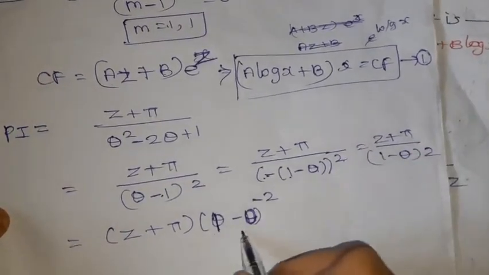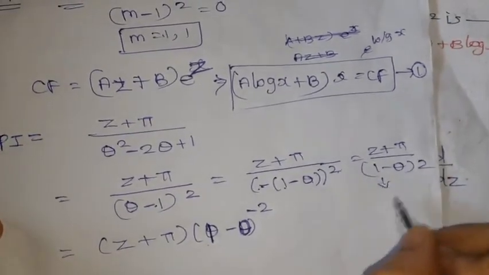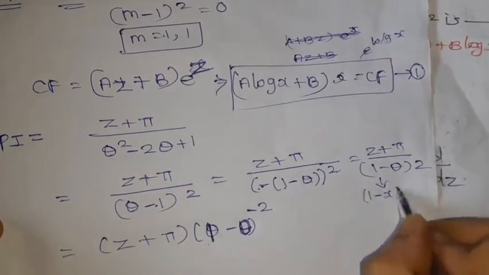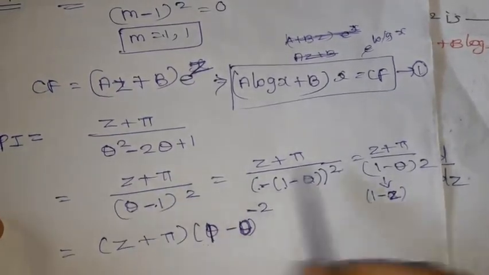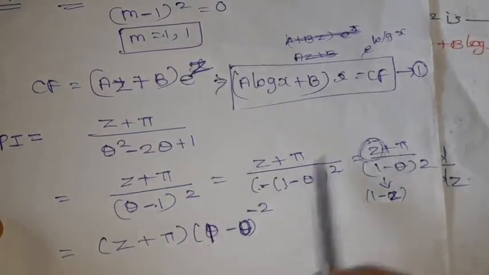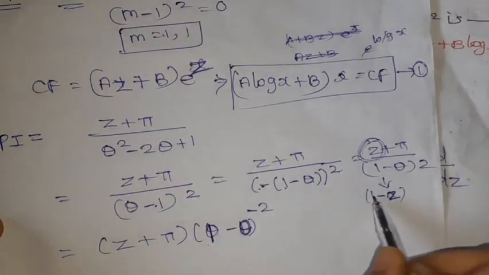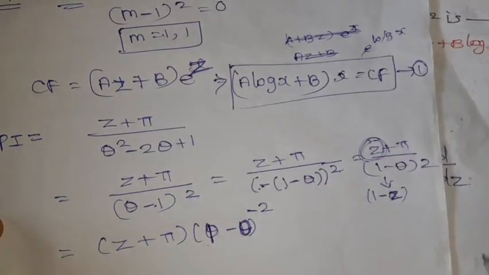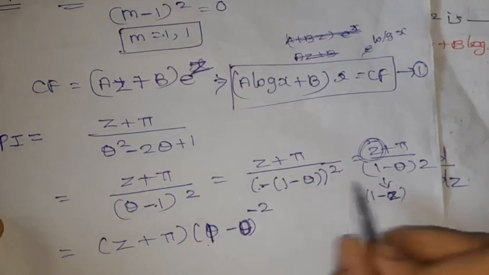For that we have an expanded series. What is that? We'll see 1 minus x, or 1 minus z, here function of z. So whatever may be, 1 minus z whole power minus 2. What is the expansion of that series?